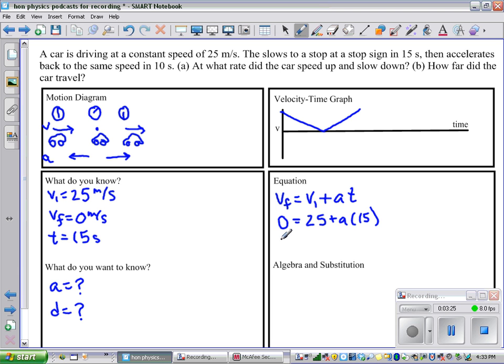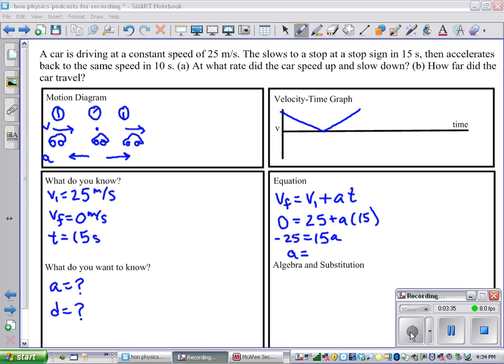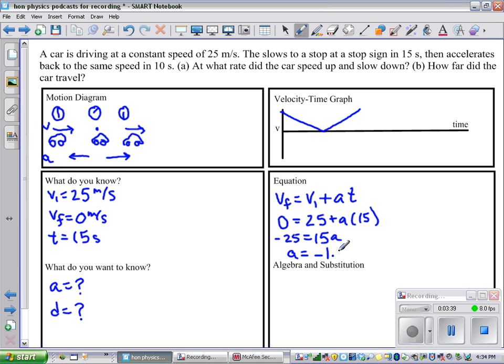Subtract 25 from both sides, and divide both sides by 15. And putting that in the calculator, we get negative 1.67, and we're expecting it to be negative because we are slowing down.